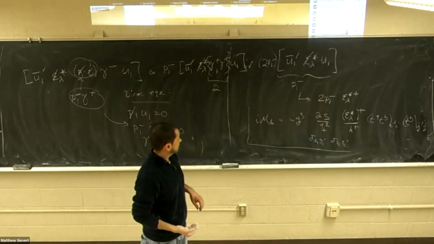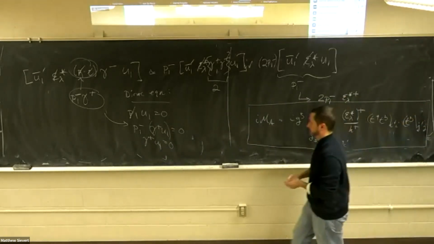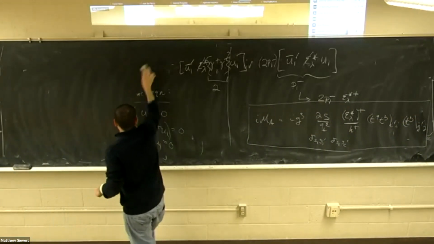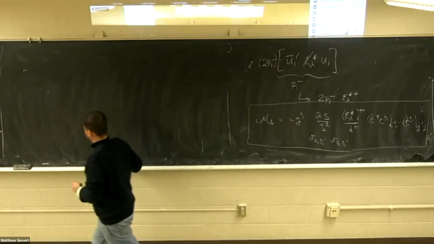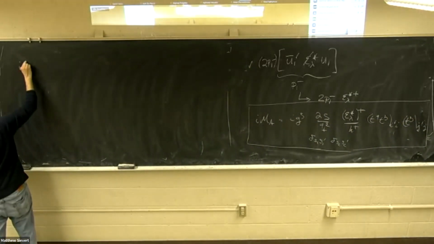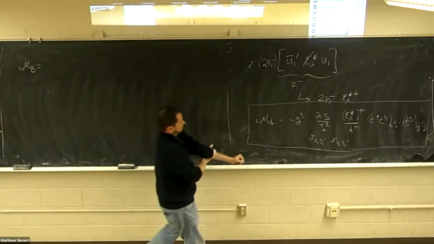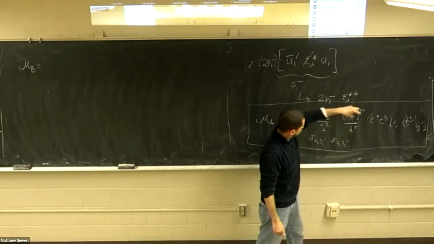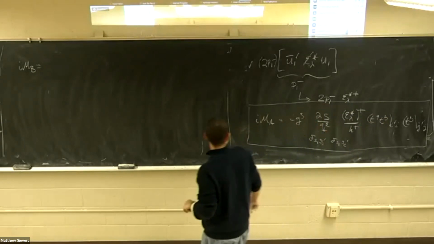You can almost immediately guess what the answer is going to be for diagram B. So diagram B, we said, is going to differ by a minus sign because of the change of that intermediate state. The other change is that the color matrices come in the other order.